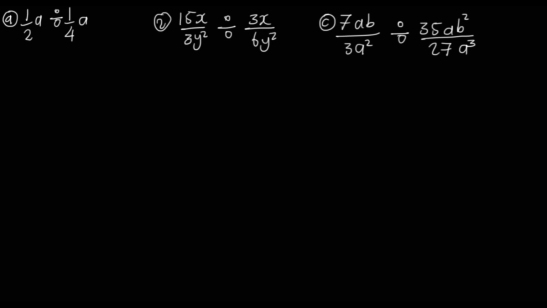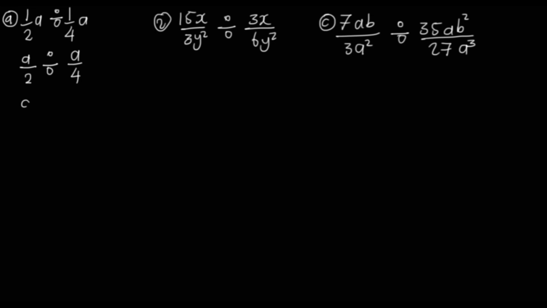So here, 1 over 2a is just the same as a over 2. So this can be written as a over 2 divided by a over 4.